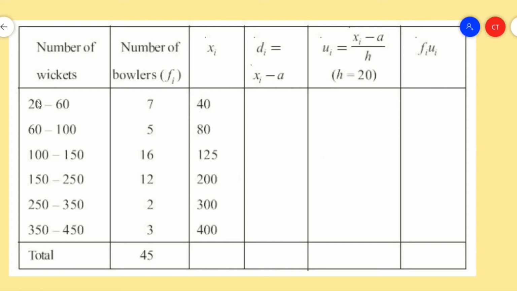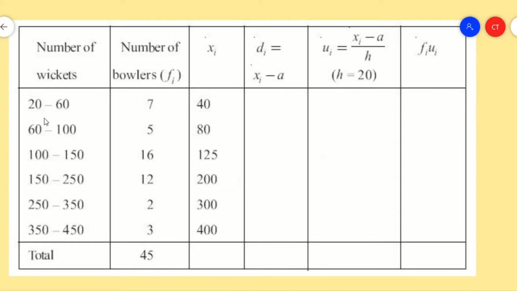The difference for the first two lower boundaries is 40, the next is 40, then 50, and then 100.